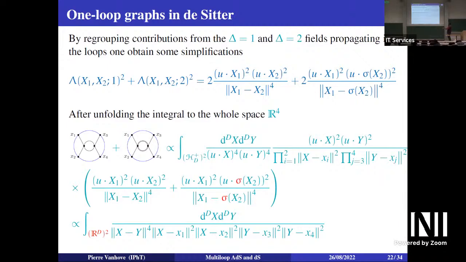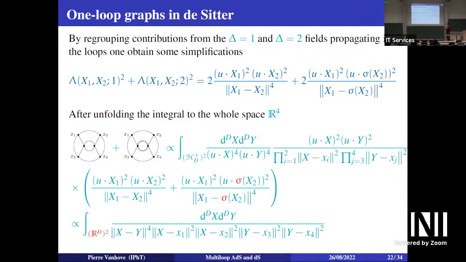Okay, so the bulk to bulk propagator from X to Y. And it is important that there is the antipodal map that comes in, which allows you to rewrite the integral, that was supposed to be just restricted to the upper Poincaré patch, to the full space.